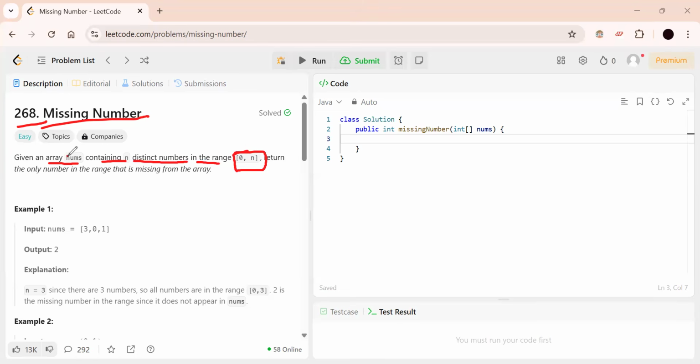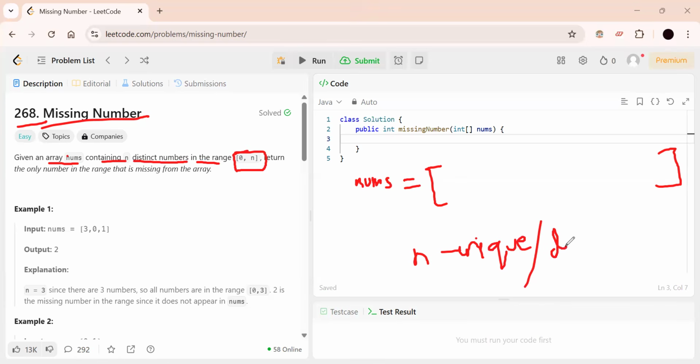So they have given us an array called nums, and it contains n unique numbers, or we can also call them distinct.